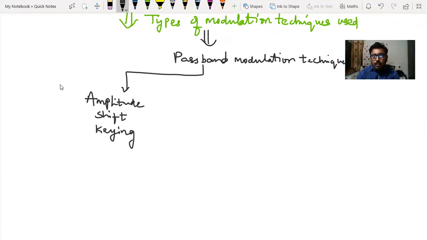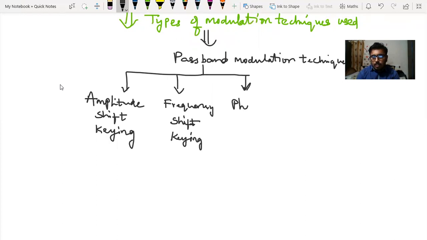The second one is frequency shift keying, that is FSK. And next we come across PSK, that is the phase shift keying technique. This is the third one.